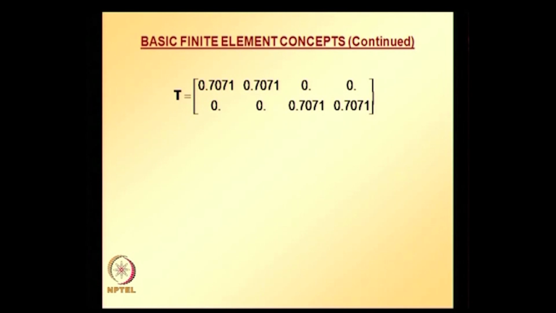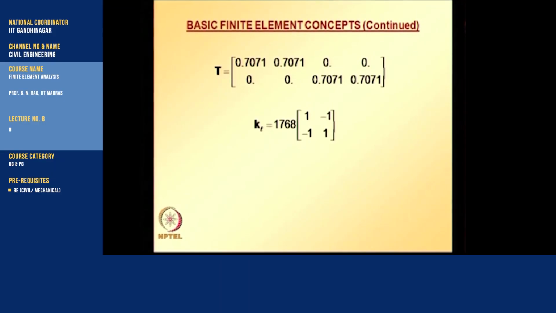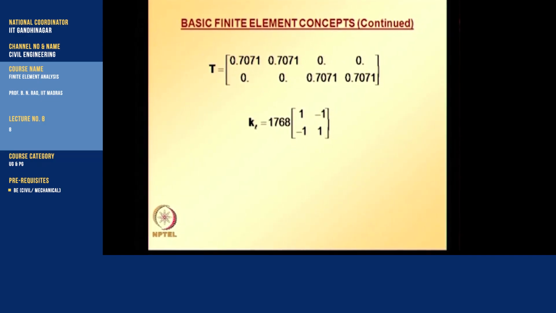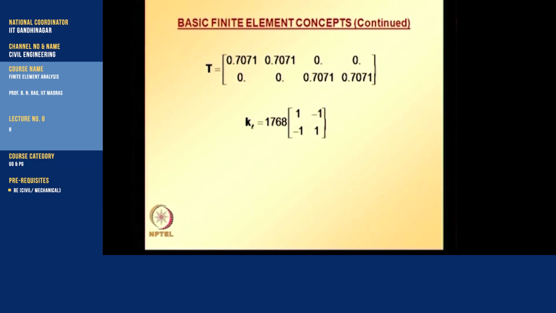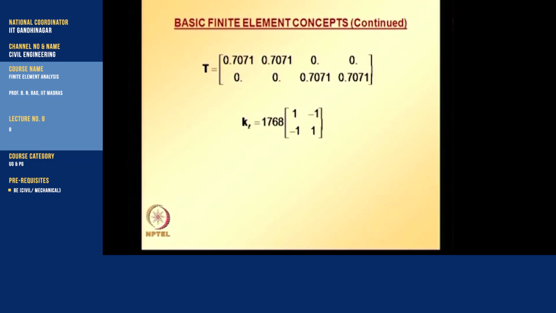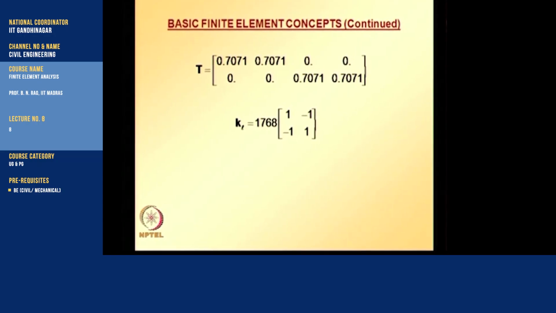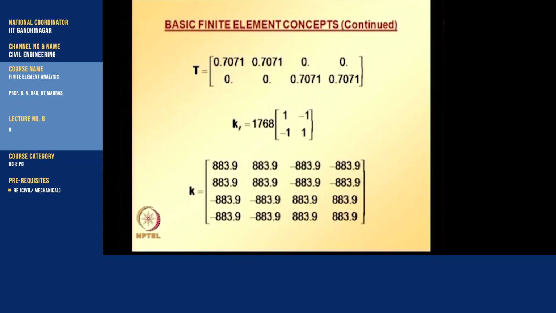The transformation matrix is given by this, which is C S 0 0 0 0 C S, and the local stiffness is given by EA over L times [1 -1; -1 1]. Once we have the transformation matrix and the local stiffness matrix, the global stiffness matrix is given by T transpose K L T. So that is given by this one.